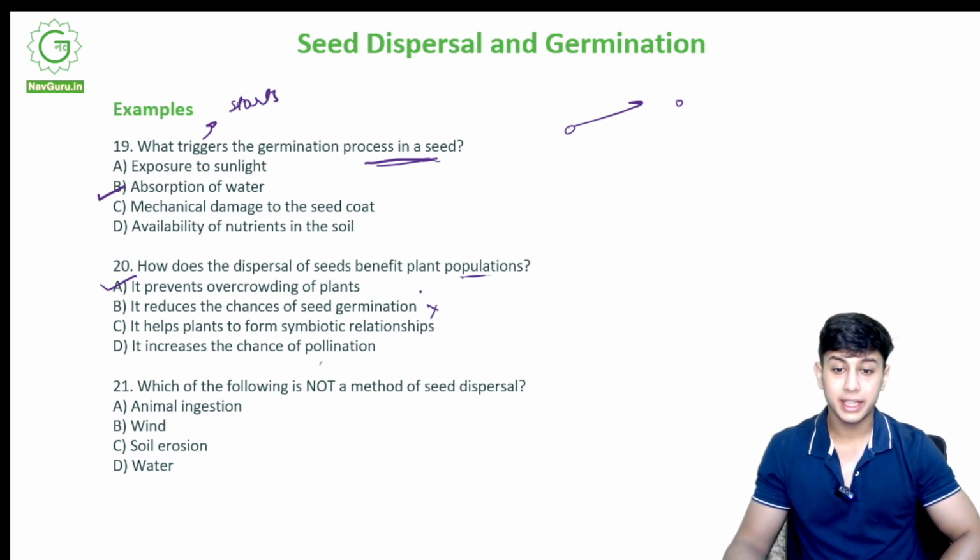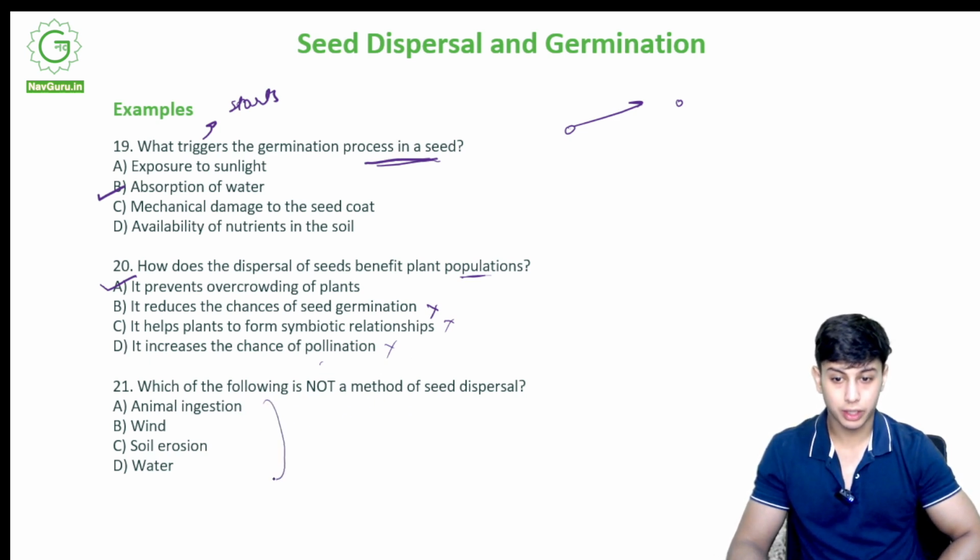It increases the chance of seed germination. It helps plants to form symbiotic relationships? No, seed dispersal does not help. It increases the chance of pollination? No, it does not.